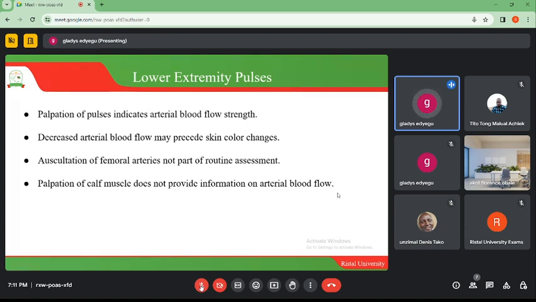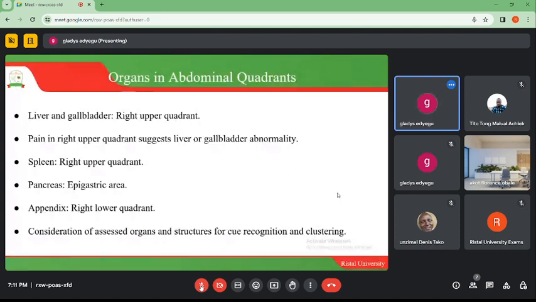So the lower extremities, you have to assess the pulse, and it can tell you the blood flow at the lower extremities. If there is not enough blood flow to the lower extremities, even the color will change because of lack of saturation. It can make the colors to be blue, and it can show you that this patient is having low blood supply to the lower extremities.